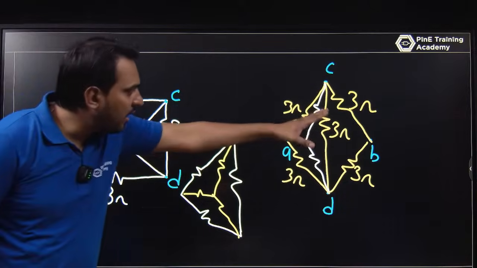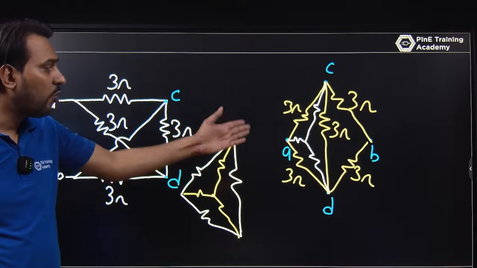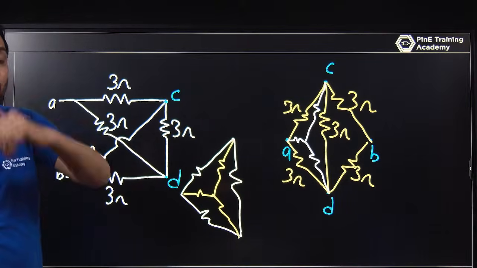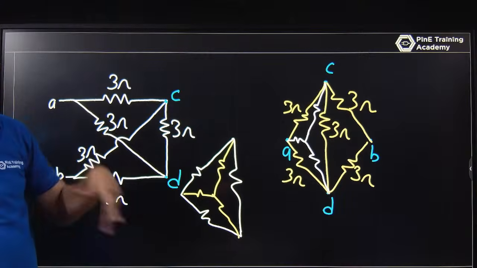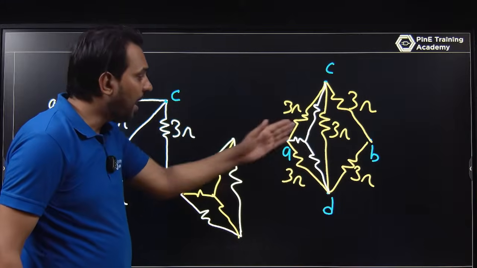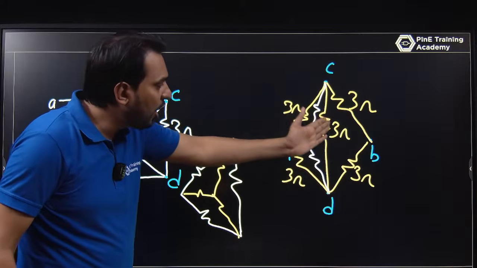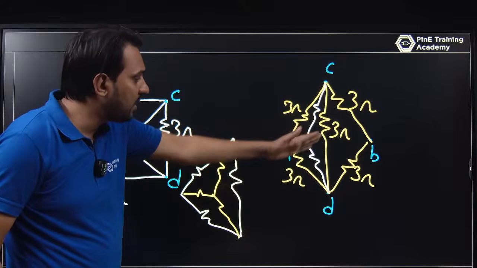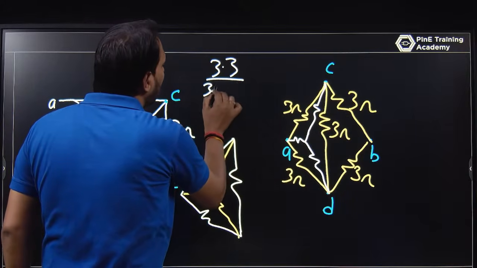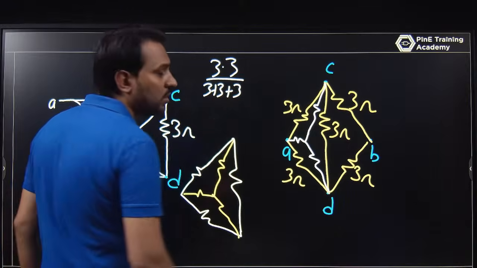And if you convert delta to star, what will be the value? The value is 3 ohm, 3 ohm, 3 ohm. Delta has equal impedance, so the star will be Z by 3. So this will be 1 ohm, 1 ohm, 1 ohm. Why? Or you can solve it: 3 into 3 upon 3 plus 3 plus 3, because delta to star.